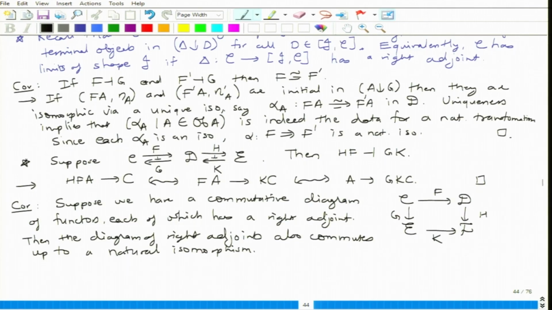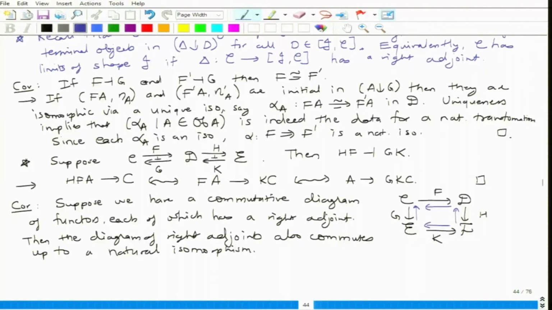Believable? Let me just show the direction of all the right adjoints. So we have a diagram of right adjoints as well, and it doesn't necessarily commute up to equality because that's evil, but we can always ask that it commutes up to natural isomorphism.